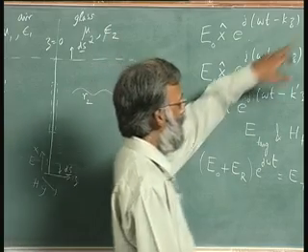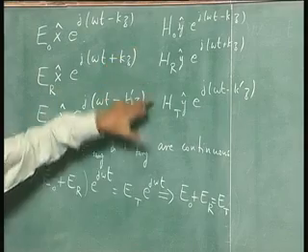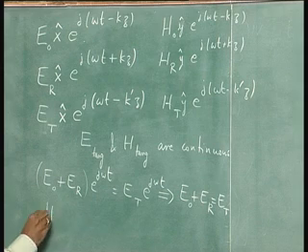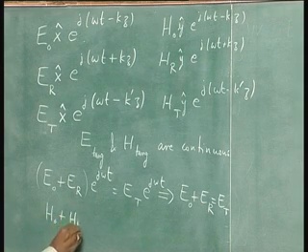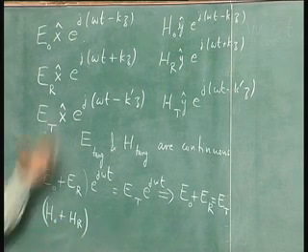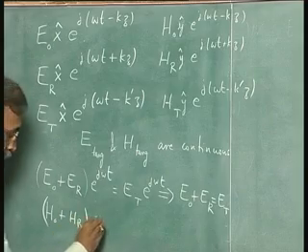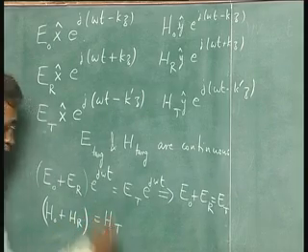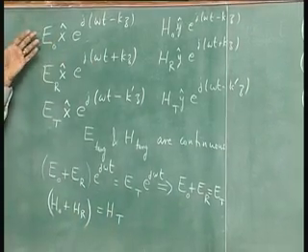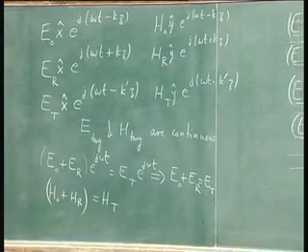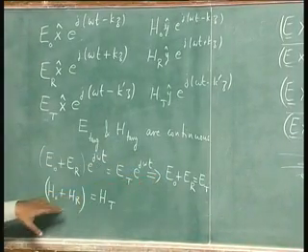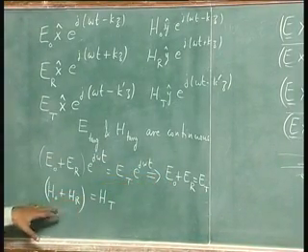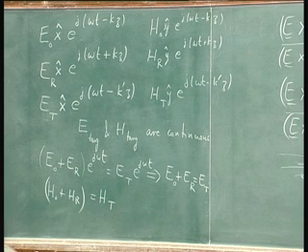Now, I want to know continuity of H. So, I say H naught plus H r, same arguments, is equal to H t, exactly the same argument as I used for E. So, I have 2 equations. The only problem is I have 2 equations in 6 unknowns, which is not very useful.